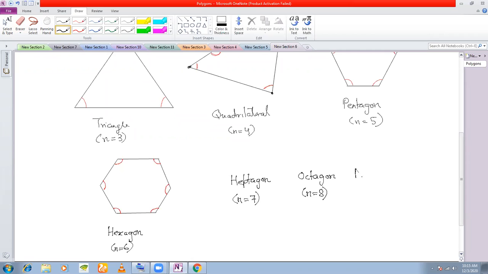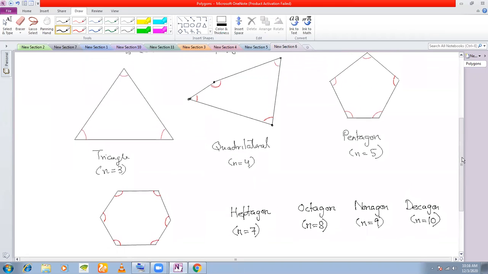And next is nonagon. It has 9 sides. And lastly you have decagon. It has 10 sides, and you can have 11 sides also, but no special names. Till 10 we have these special names. So n is equal to 3, 4, 5, 6, 7, 8, 9, and 10. All these have special names.